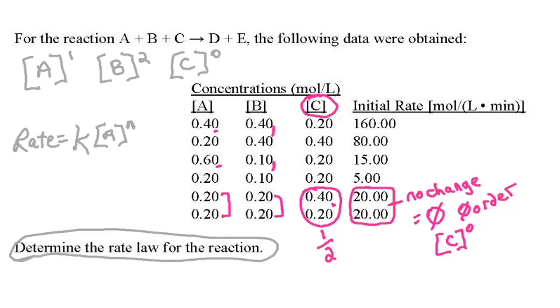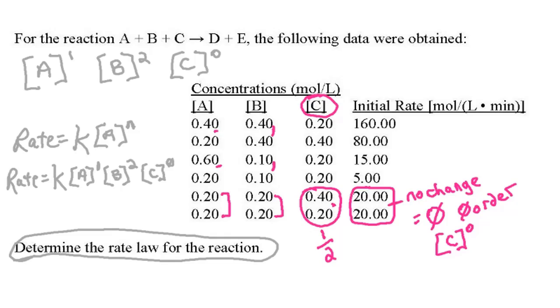But if we're dealing with more than one reactant, we have to make room for the B and C. So rate equals, the K is still there, times the concentration of A to the first power, because A is the first order, times the concentration of B to the second power, because B is in the second order, times the concentration of C to the 0 power, because C is in the 0 order.